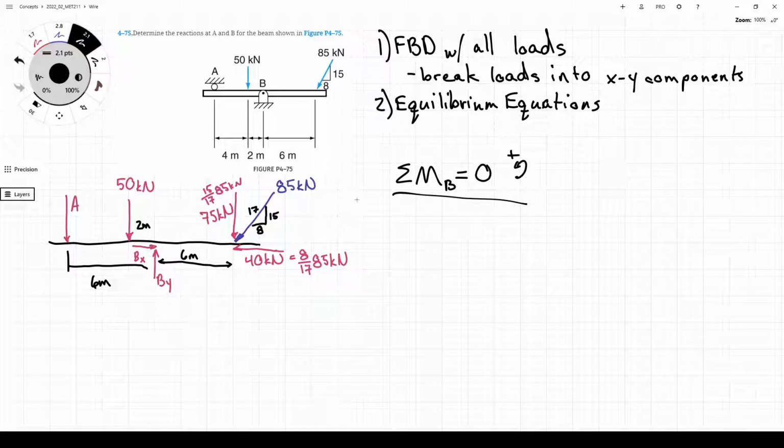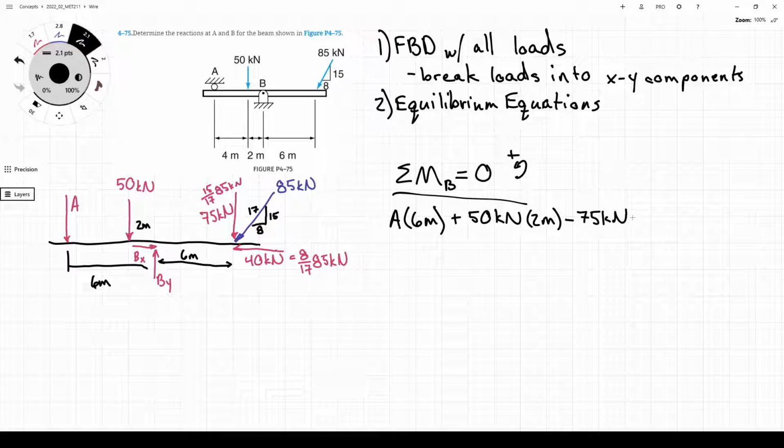Our horizontal forces go through point B, so they don't create any moment, but force A creates a moment in the positive direction. So we'll have A times a distance of 6 meters, plus 50 kilonewtons times a distance of 2 meters, minus 75 kilonewtons times a distance of 6 meters.